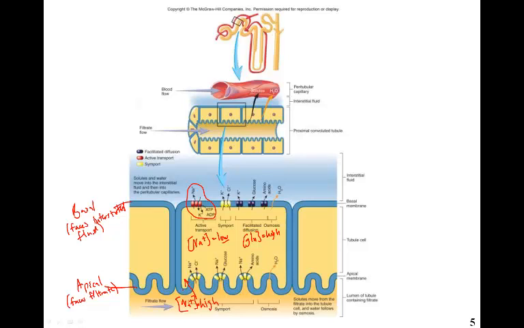And so the cell basically says, okay, sodium, you can come in, but you have to buy your way in by bringing in the glucose. And the glucose doesn't want to come in, but the sodium wants to come in so badly that the energy of sodium going down its concentration gradient is enough to pull the glucose in as well.